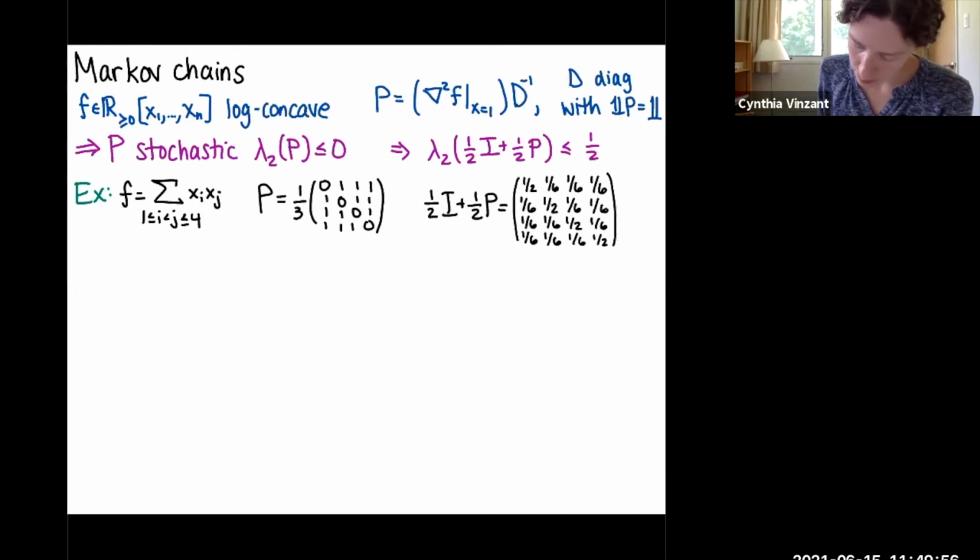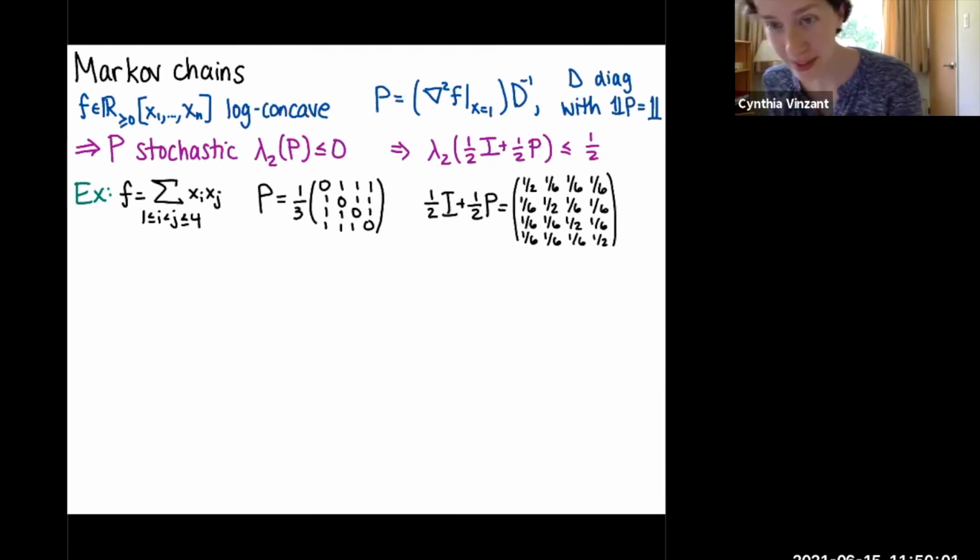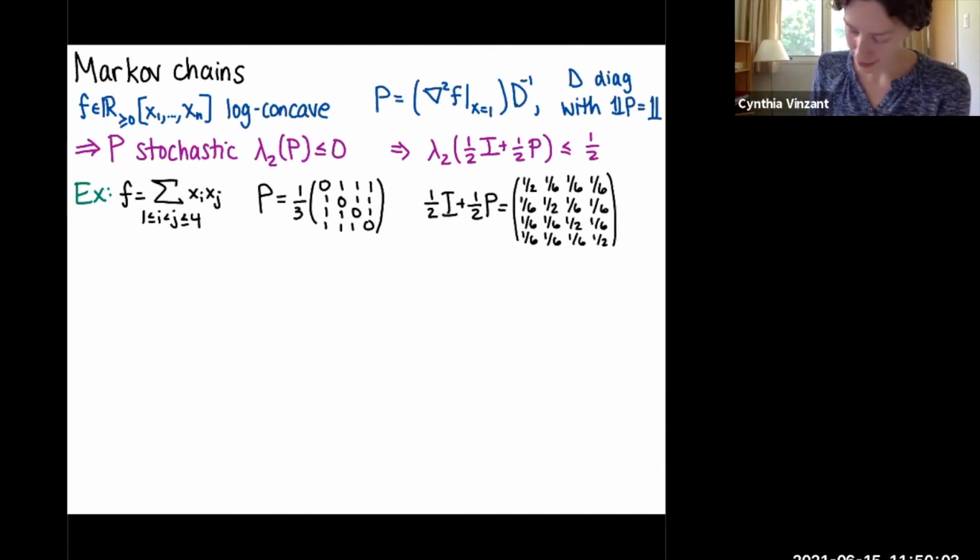matrix. And I want to interpret the corresponding random walk in the following way. This gives a random walk on the numbers 1 through 4. And one way to think about this random walk is if I start at some singleton i in numbers 1 through 4, I could choose another element uniformly at random to add to it.